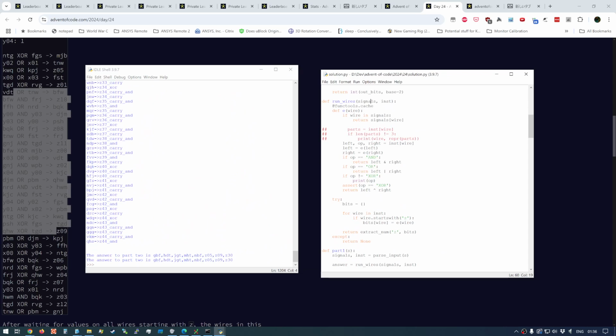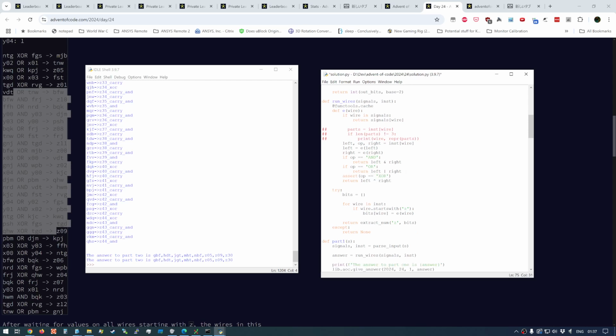So just recursively, for every given wire, if it's in signals, we already know the value. If it's not in signals, then it must be in our instructions. So we can just get the left and the right, get the operator, do the operation, and return the value.